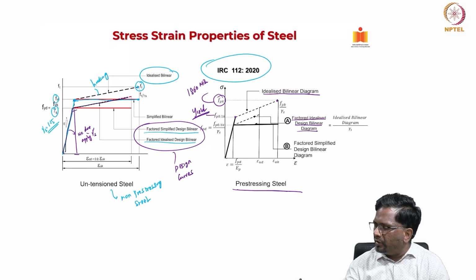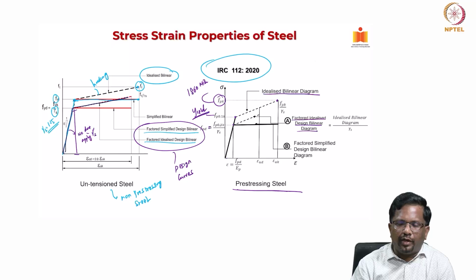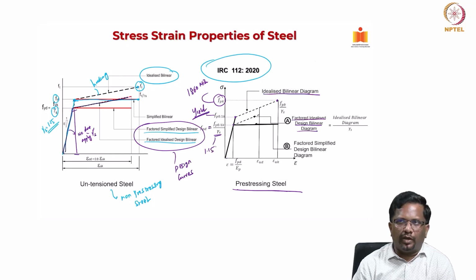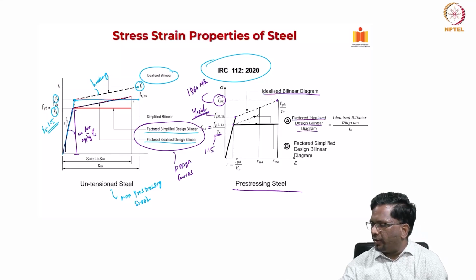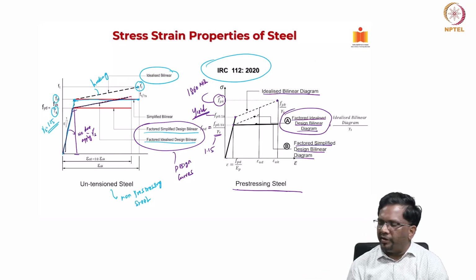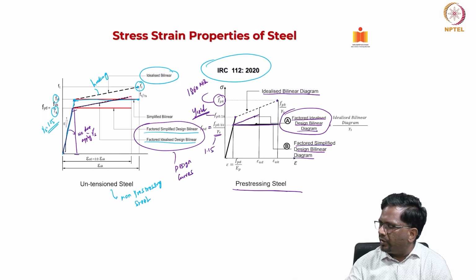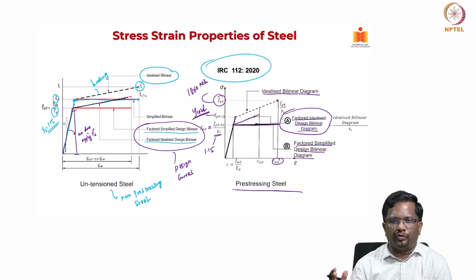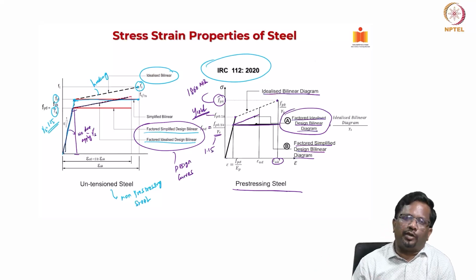For example, this point, it goes like this, that corresponds to FP 0.1K divided by gamma s. Now again, what is gamma s? 1.15, right? And so there are two varieties. A is your factored idealized bilinear curve, or I can have a factored simplified design bilinear curve. So either I can take with the hardening or without hardening, right? There are two idealizations that are possible. Now you can see here epsilon UK typically values will be given to you, 2%, 3%, 4%, some values are recommended by the code.